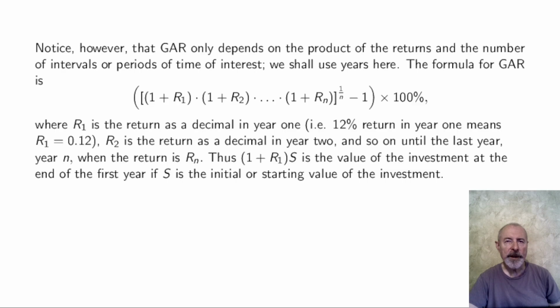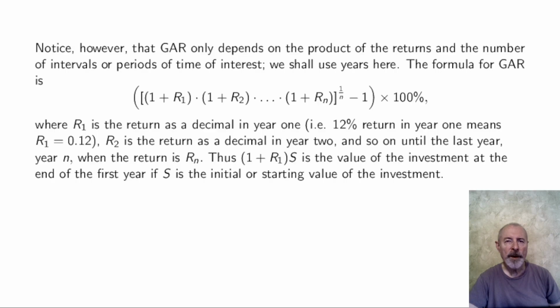However, a GAR only depends on the product of the returns and the number of time intervals that we're considering. The formula of the GAR is given here. It's 1 plus R1 times 1 plus R2 up to 1 plus Rn, all to the 1 over nth power, take the nth root of that, minus 1 times 100%.